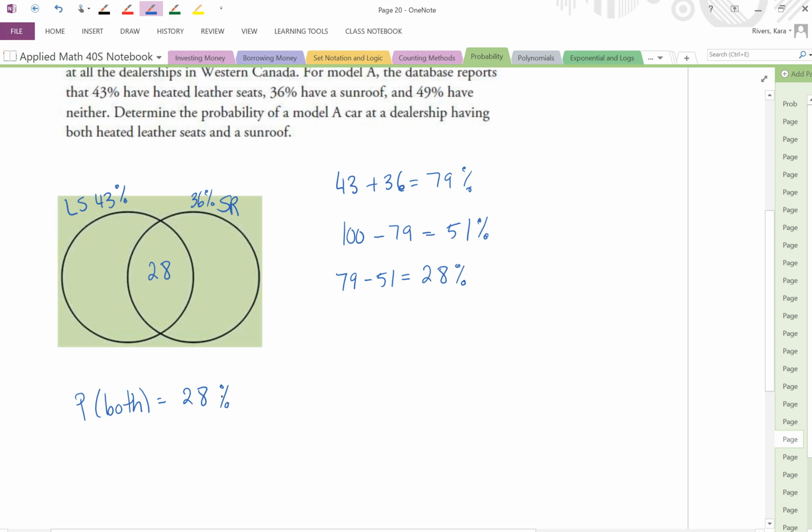If you want, you can finish up the Venn diagram and you'll get 15% for leather seats only and 8% for a sunroof only. Depending on what the question was being asked, you might need that other data. But in this case, they just wanted to know the probability of a Model A car at a dealership having both, and that would be 28%.